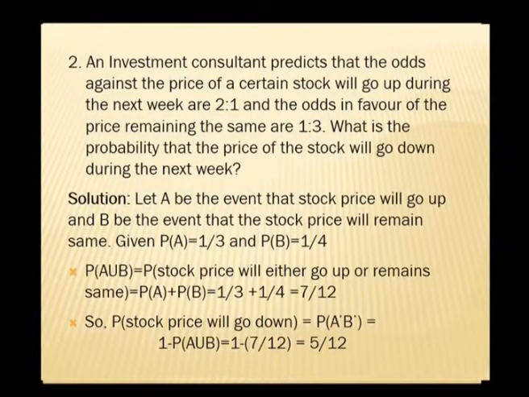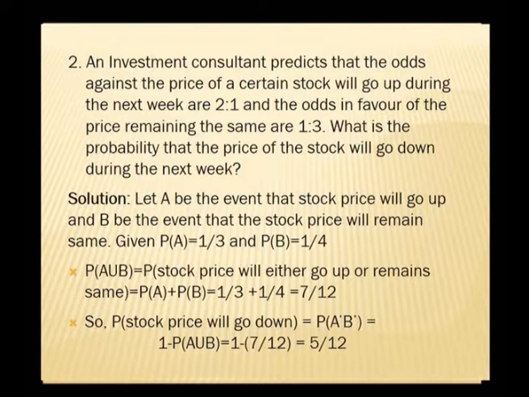Let A be the event that the stock price will go up, B is the event that the stock price will remain the same. He has given P of A to be, since it is 2:1, 1 by 1 plus 2. So, it is 1 by 3, and the second one, P of B, is 1 divided by 1 plus 3. So, we are getting 1 by 4.